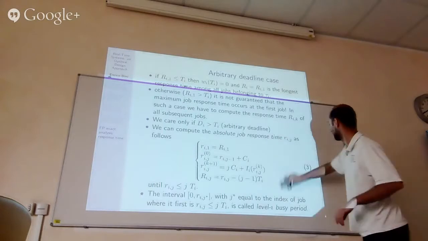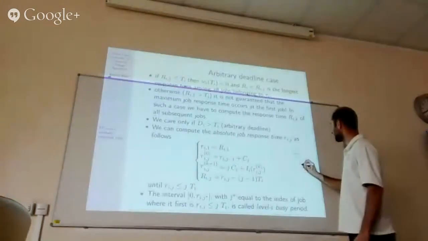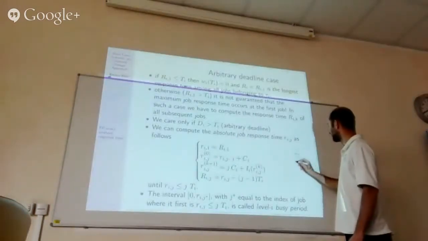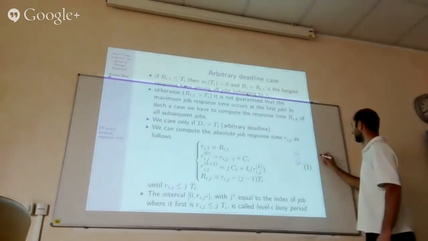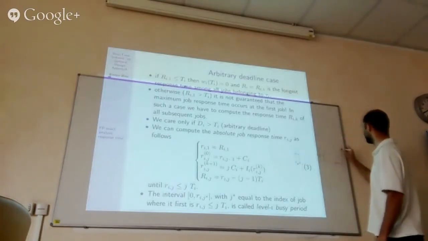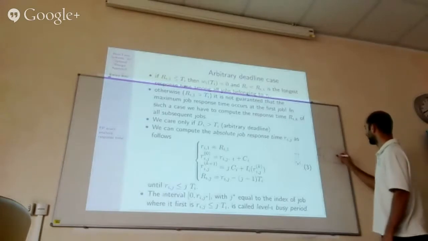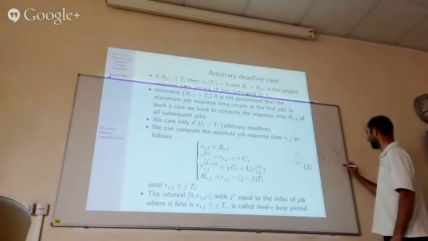Let me just show you this. Here, if I have R_i1 and T_i, here it is exceeding. At some point, this completes somewhere here. Okay, here I stop.